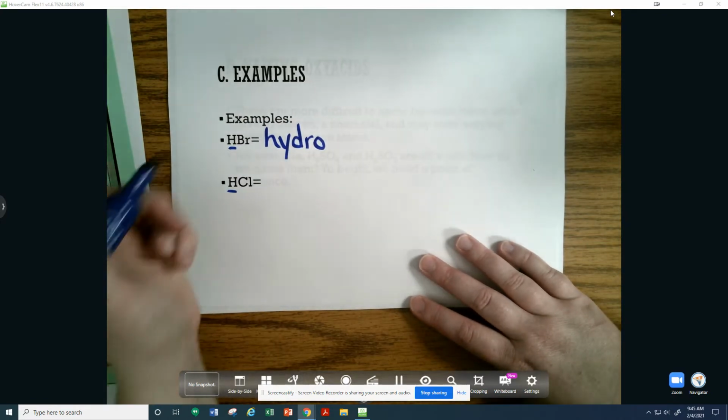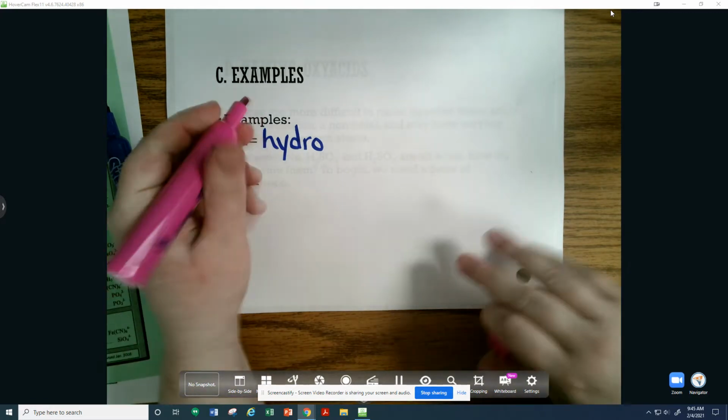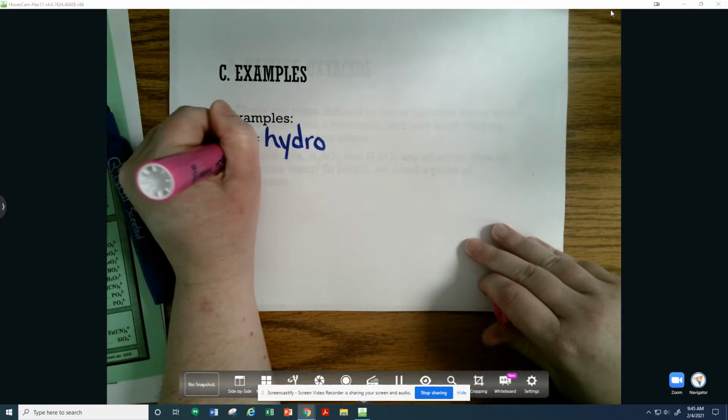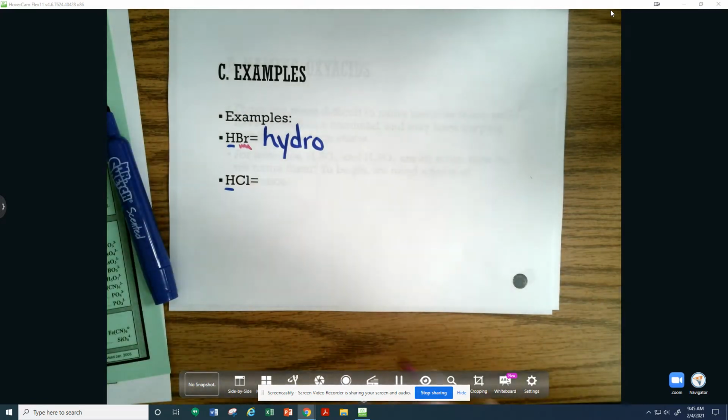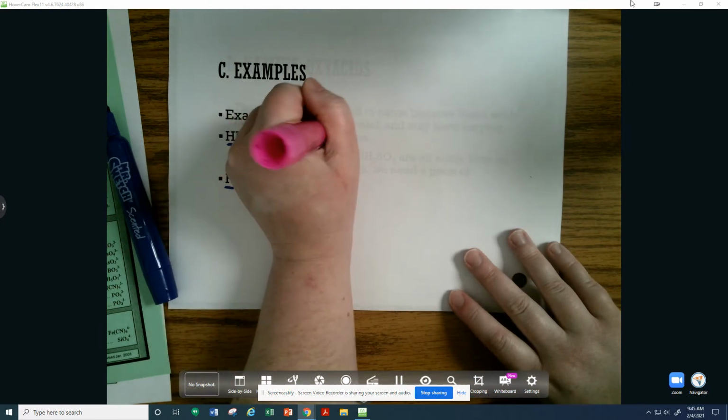The next part is to use the stem, the stem component of the nonmetal that it's combined with. Here we have bromine, so instead of bromide, we're going to have the brom part.